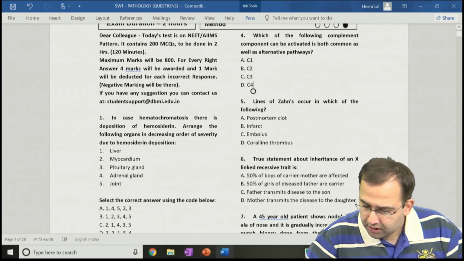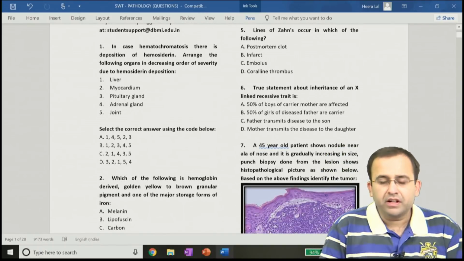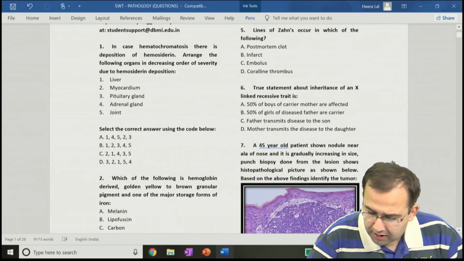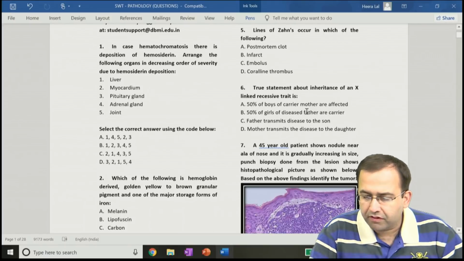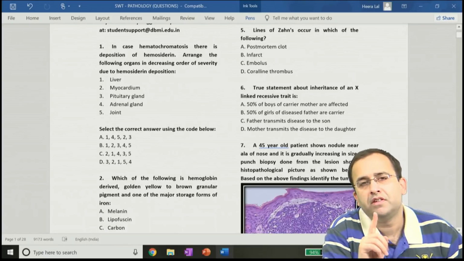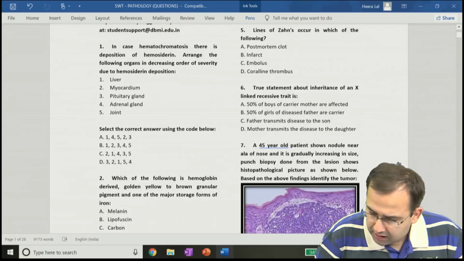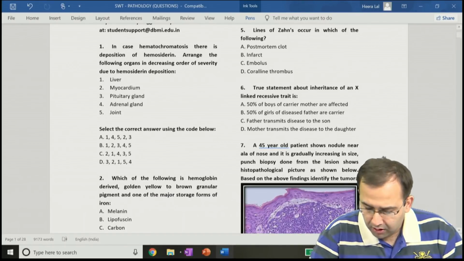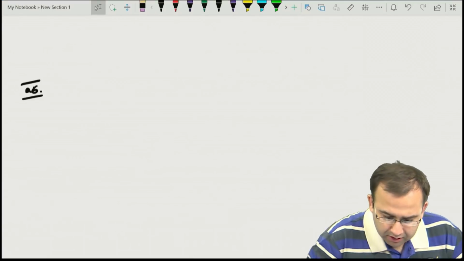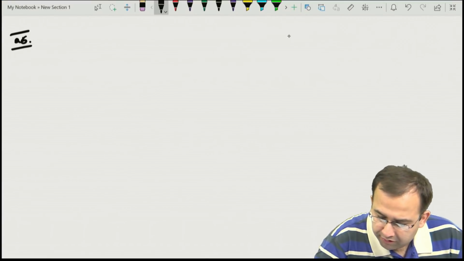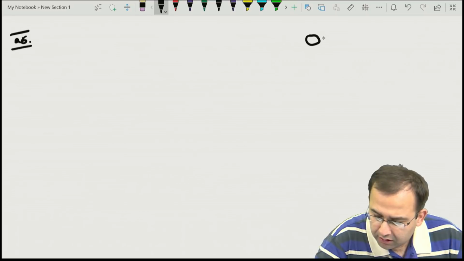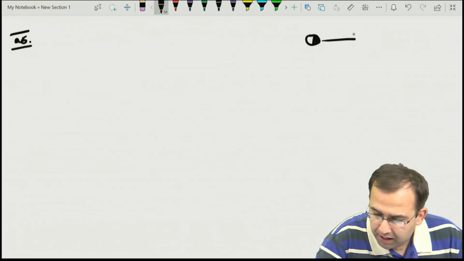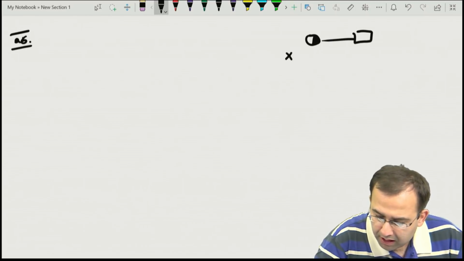Having a look at question 6: a true statement about inheritance of an X-linked recessive trait is that 50% of the boys of a carrier mother are affected. The first statement is true. Let us assume this is a carrier female, mating with a normal male.